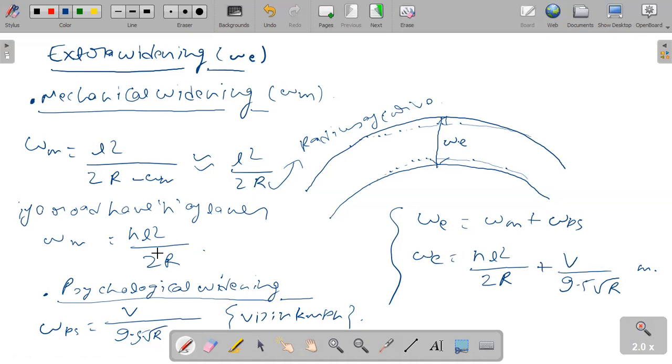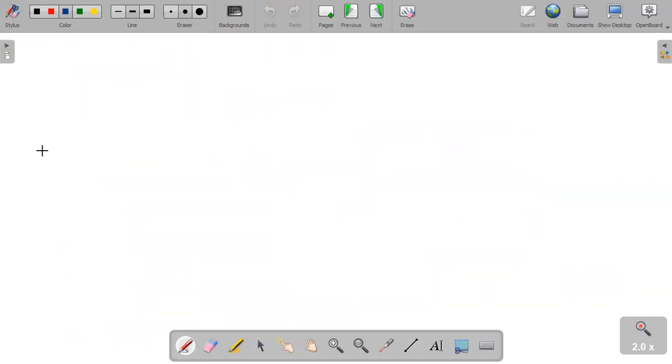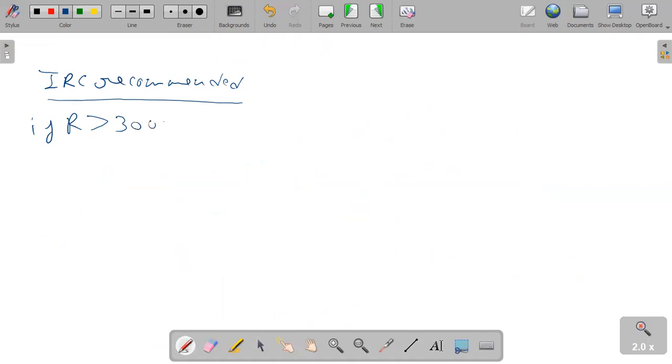One more thing in widening, that IRC recommended. IRC recommended that if R is greater than 300 meters, then extra widening is not provided.